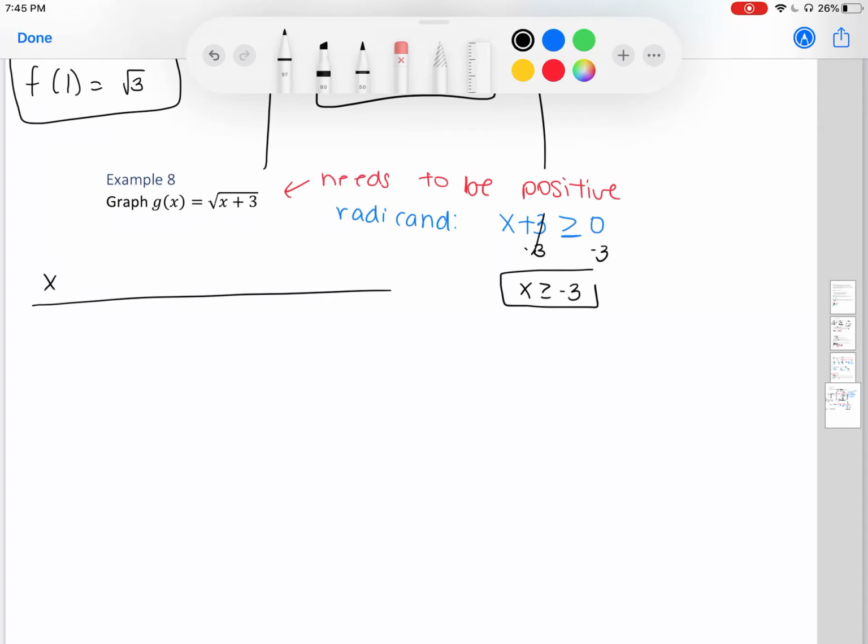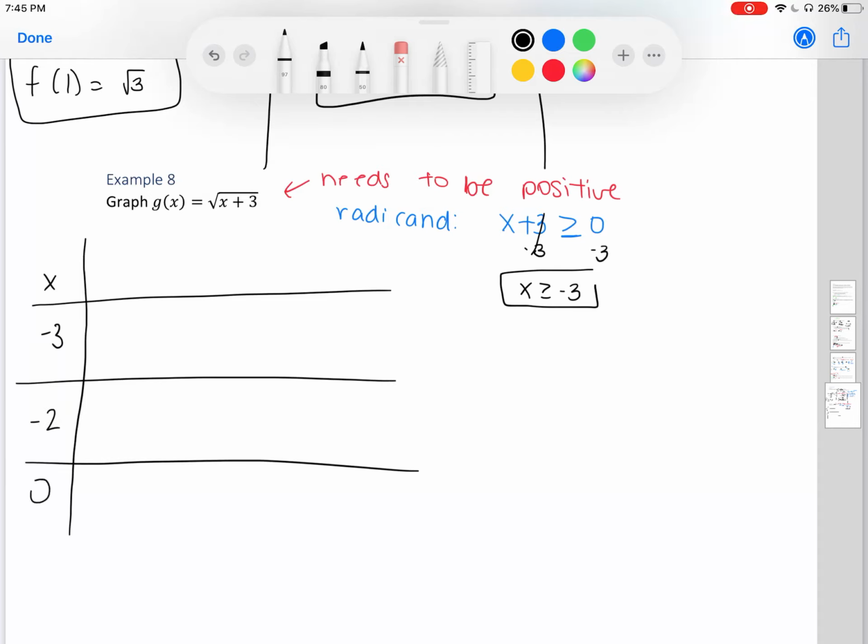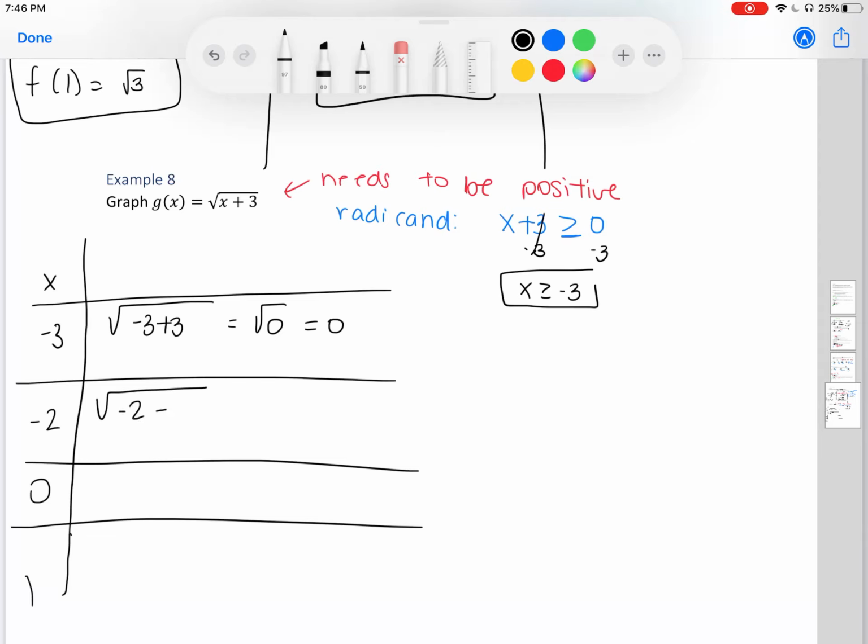Let's make a chart to graph this. Start with negative 3 and pick bigger numbers from that. So like the square root of negative 3 plus 3. Then negative 2 plus 3. Then 0 plus 3. We get 7.